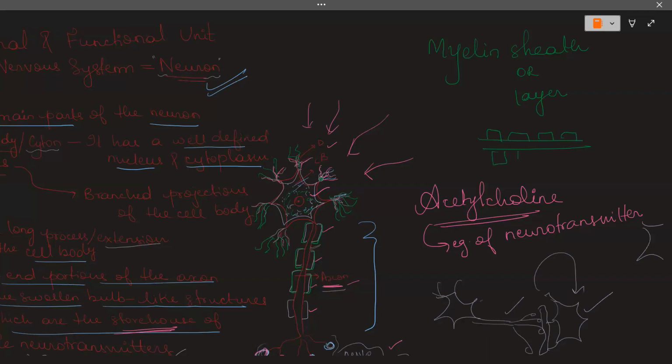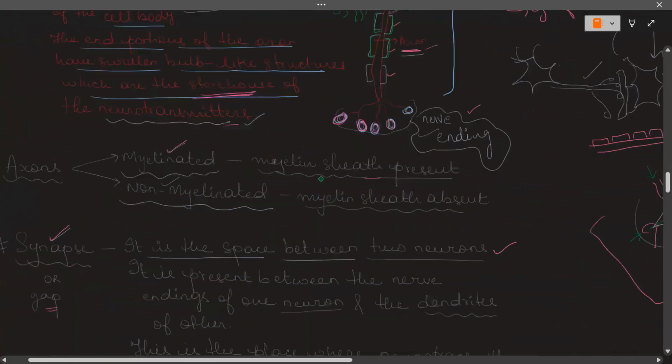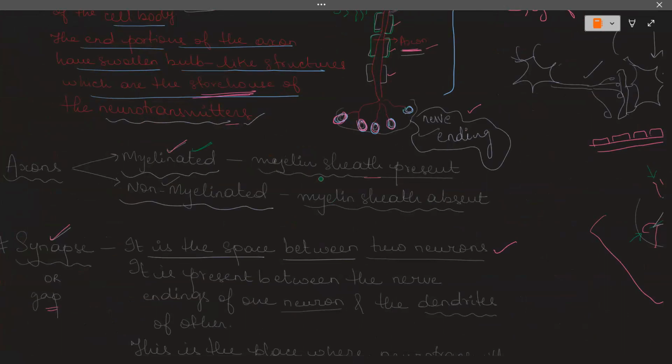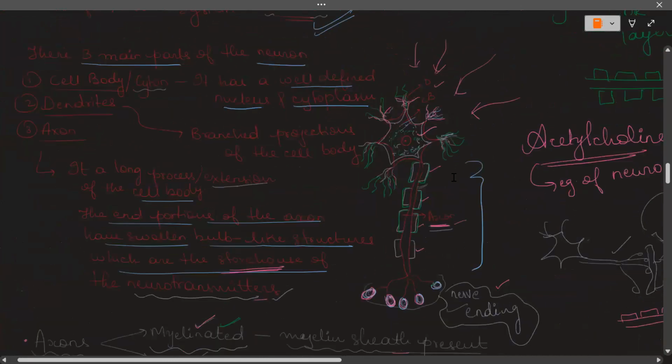All axons that have this myelin layer or sheath present, we call myelinated axons. And those in which the myelin sheath is absent, we call non-myelinated axons. Clear? Any doubts?